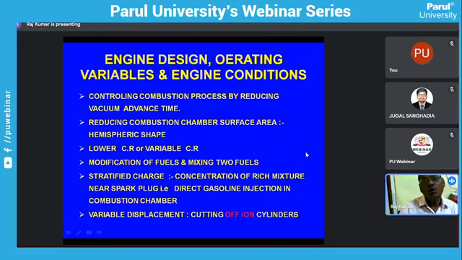Let us see what things we can do in the first step of engineering. We can control the combustion process. We can reduce the combustion chamber area. We can lower the CR, or compression ratio. We can vary it. We can do certain modifications on the fuel.